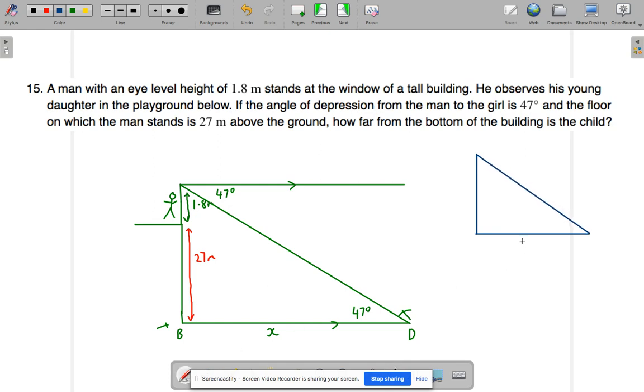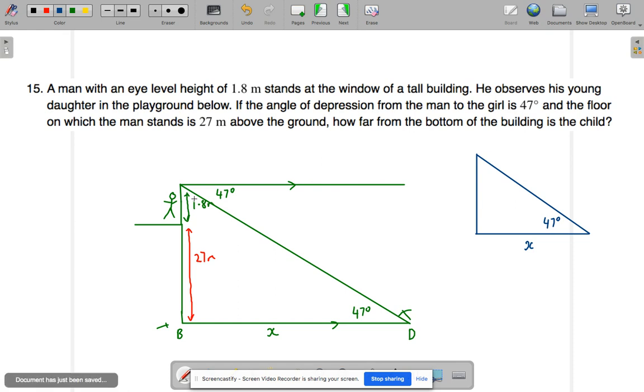We're trying to find X. Okay, and we had an angle in there of 47. And now, this side of the triangle, we've got 27 and 1.8. Okay, so 27 and 1.8.